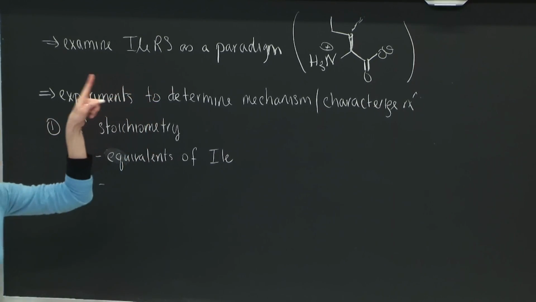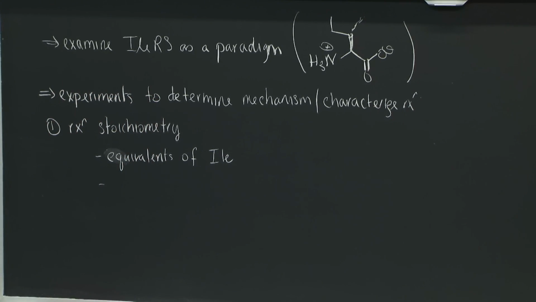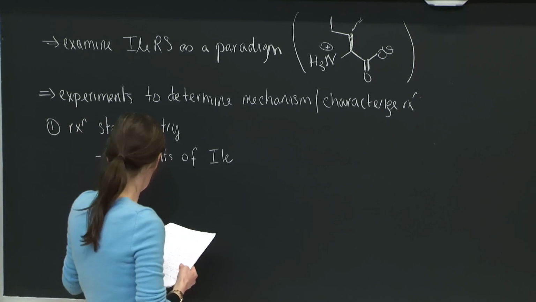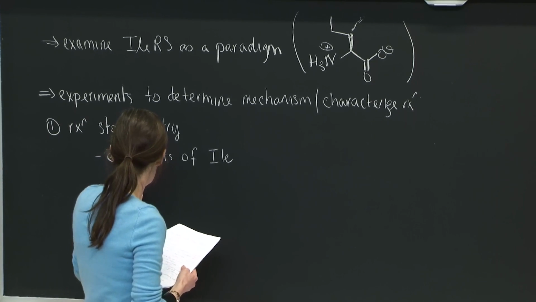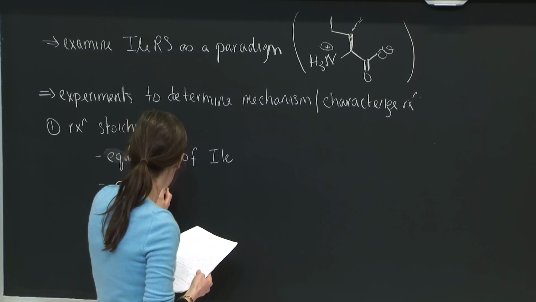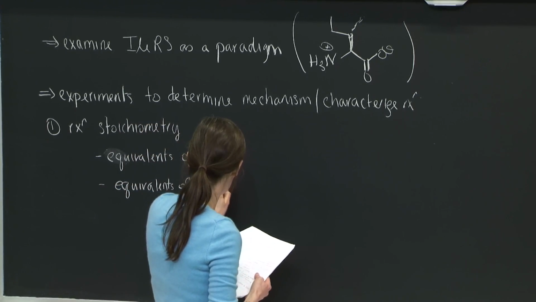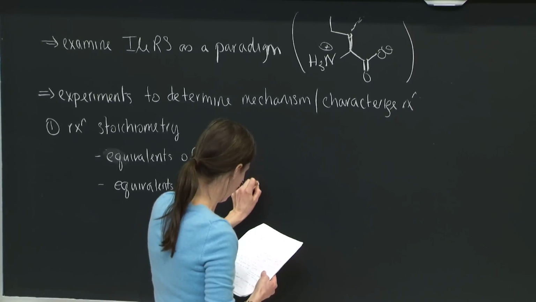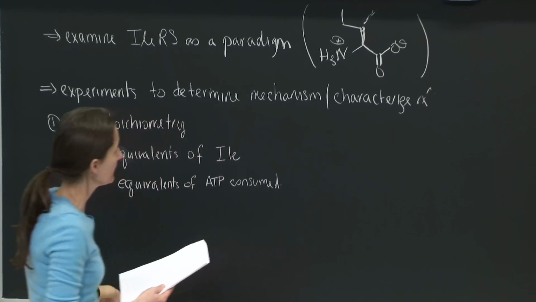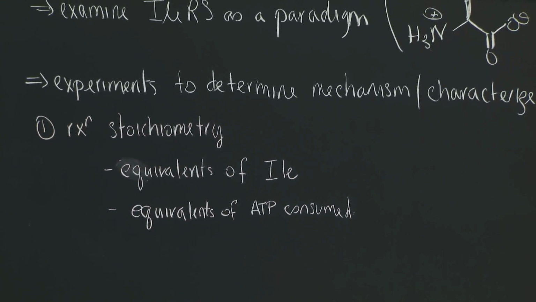And we also see that ATP is consumed, right? That's hydrolyzed to AMP and PPi. So how many equivalents of ATP are consumed in this reaction? Okay. What else do we want to know?